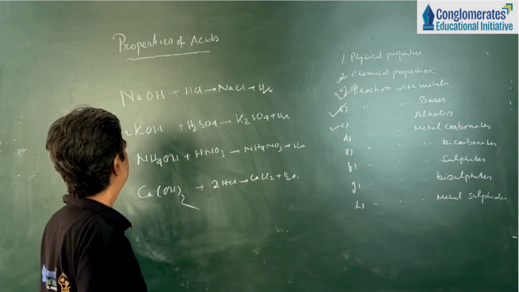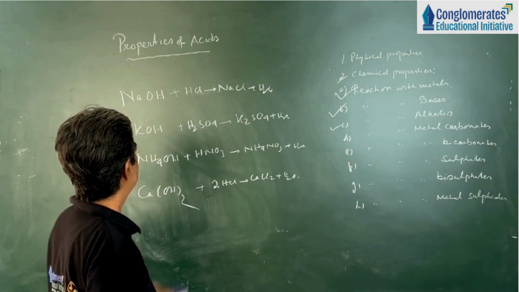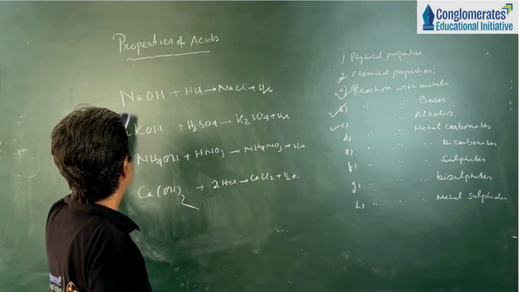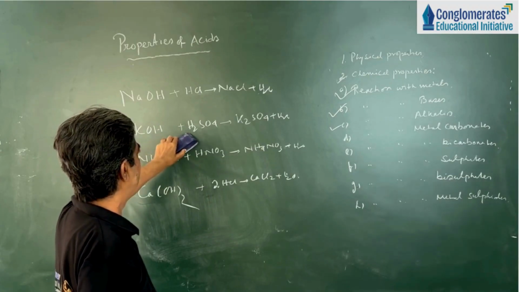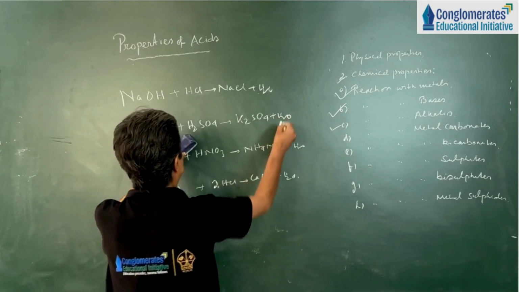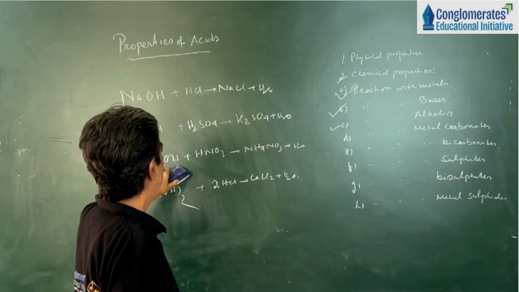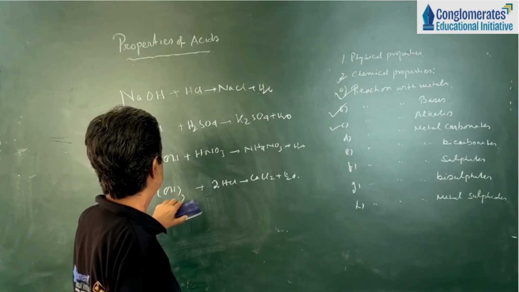In all cases, we find that salt and water are obtained by reacting acid with a base, or here an alkali. NaOH reacts with acids to form salt and water. KOH reacts with sulfuric acid to form salt and water, that is K2SO4 plus water. Ammonium hydroxide, an alkali, reacts with dilute nitric acid to form ammonium nitrate and water, salt and water.